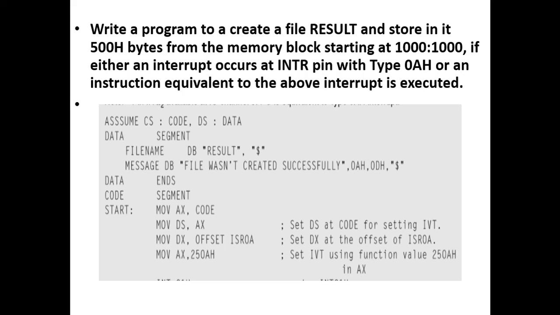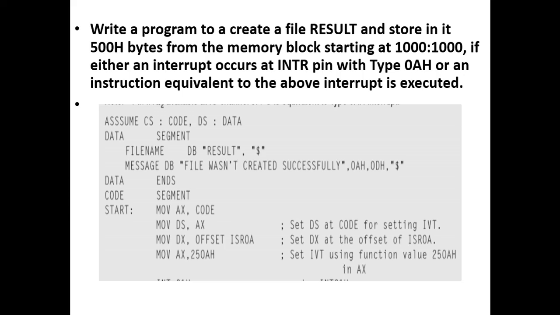So we have to create a file named result, and write 500H bytes fetched from the memory location, code segment 100H with the displacement 100H, into the file.